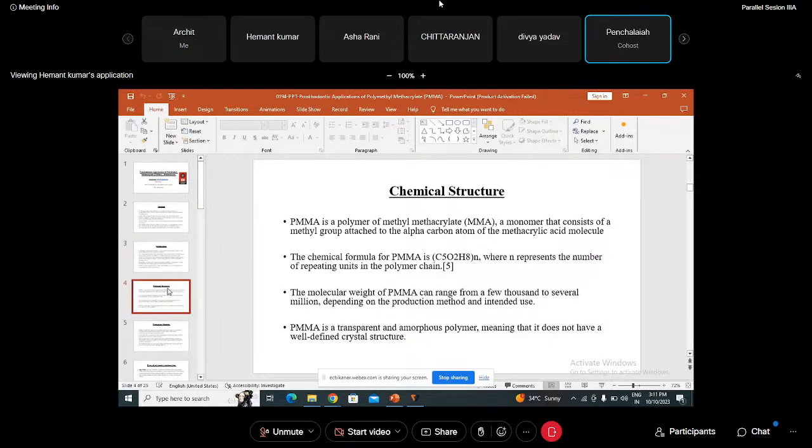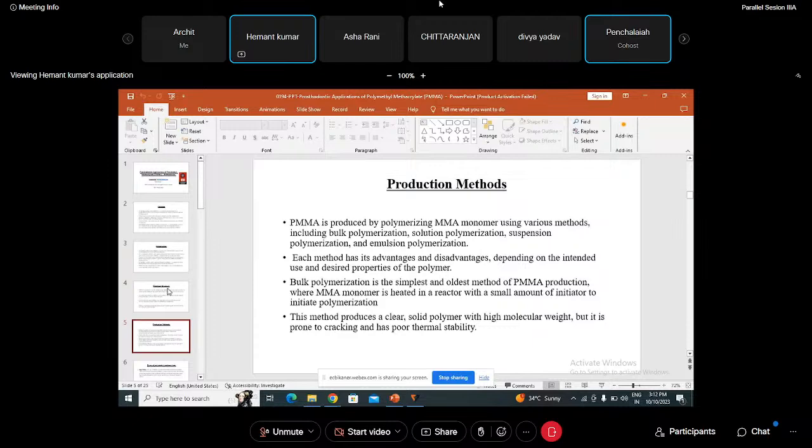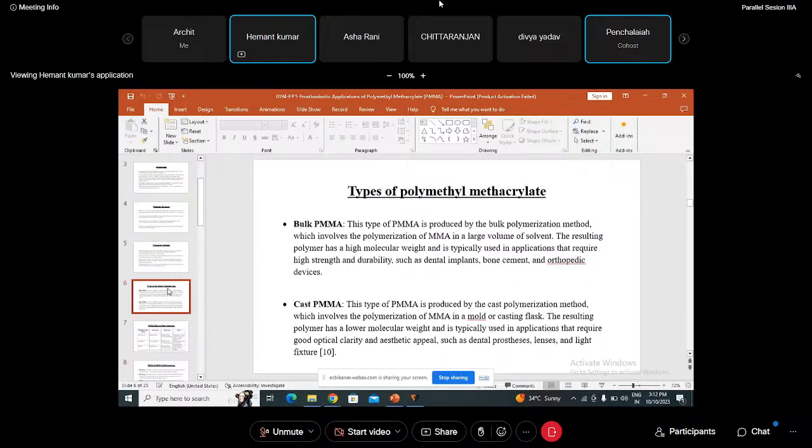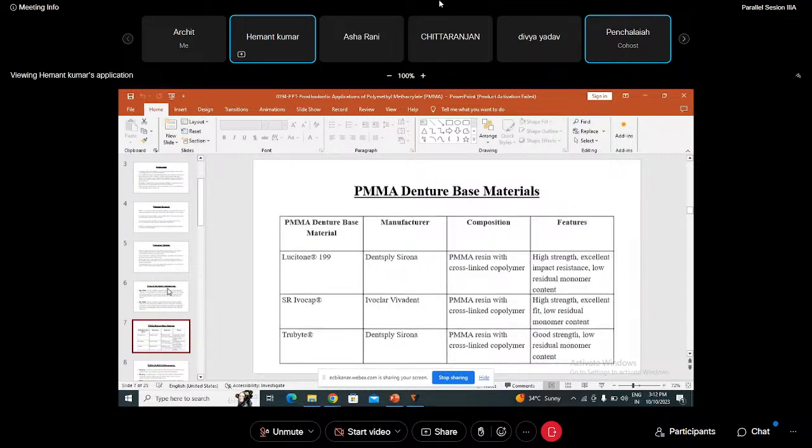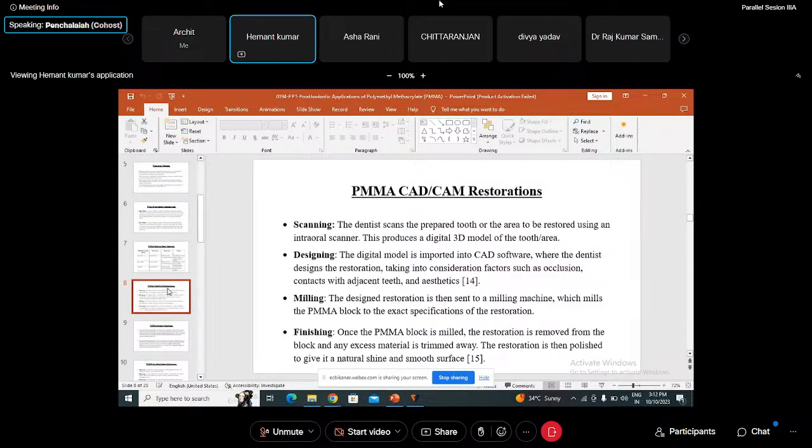Next is chemical structure. The molecular weight of PMMA can range from a few thousand to several million. The types of PMMA are bulk PMMA, cast PMMA used in the journal method, PMMA denture base materials, and PMMA CAD/CAM restoration.